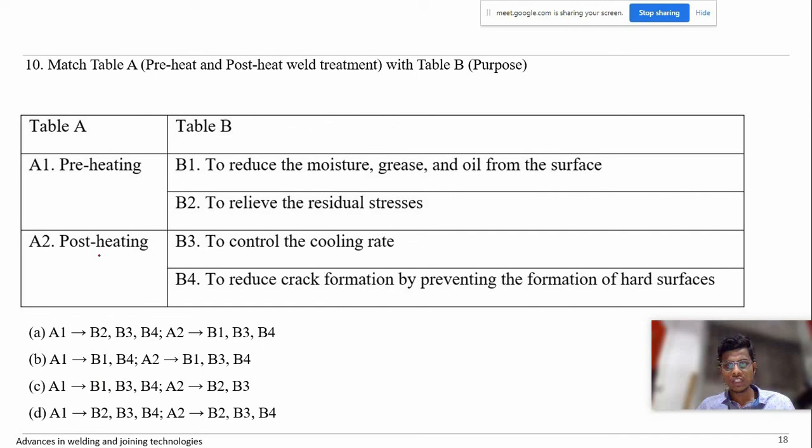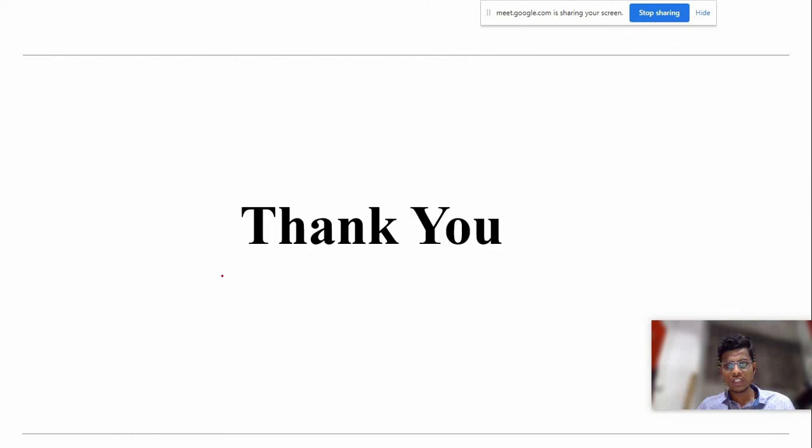And post-heating: with post-heating also, we can relieve the residual stress, and also we can control the cooling rate. Control the cooling rate in the sense that after the welding, we can modify the grain structure and all those things. Yeah, 10C is the answer.